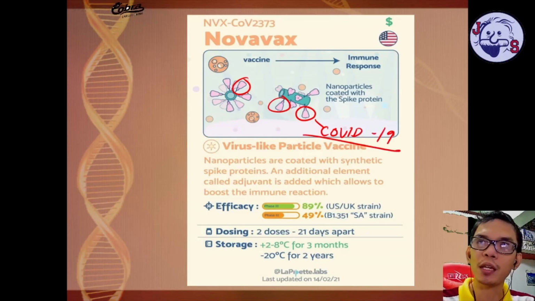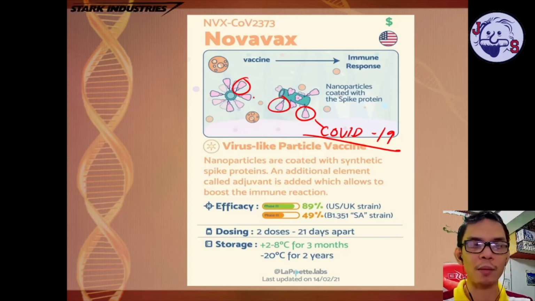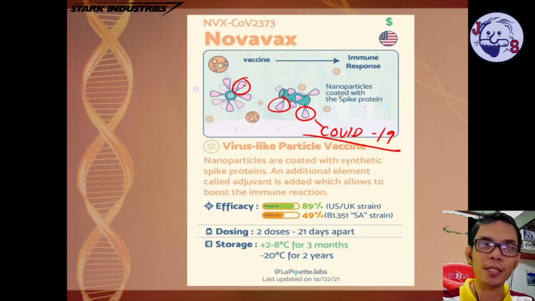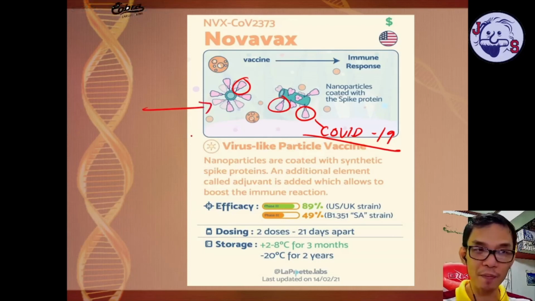Now, once this is present inside your body, the body will create the immune response necessary to combat this virus. So once that immune response is in there, when the real thing enters the body, you are now prepared. Okay, so that is the Novavax.